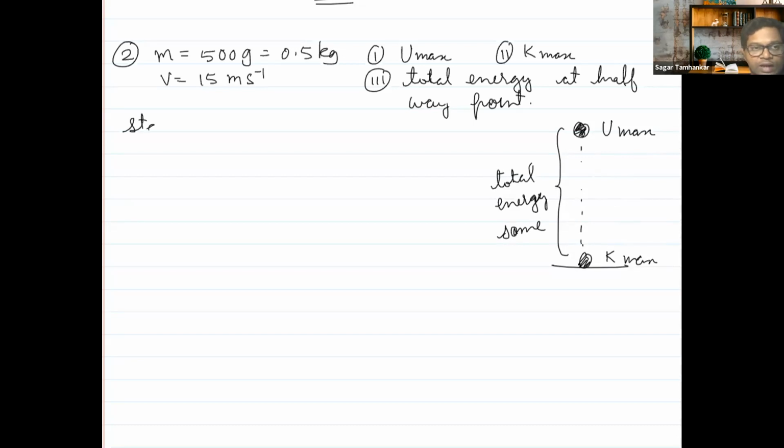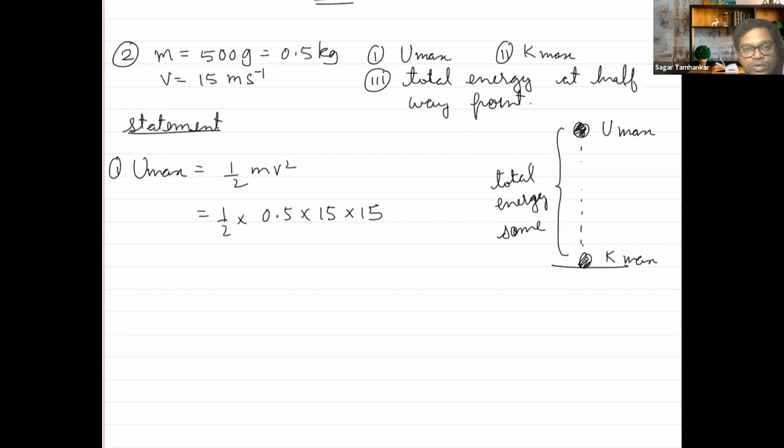So again, we write down that statement: the potential energy maximum, or potential energy at the top, is equal to kinetic energy on the ground because of conservation of energy. So potential energy maximum is half mv square, that is half into 0.5 into 15 into 15, that is 225 upon 4, that is 56.25 joule.